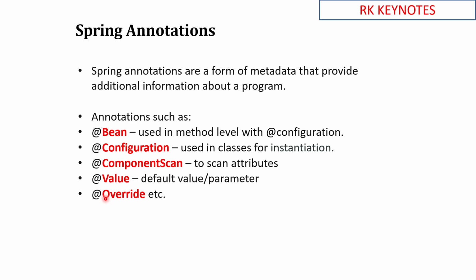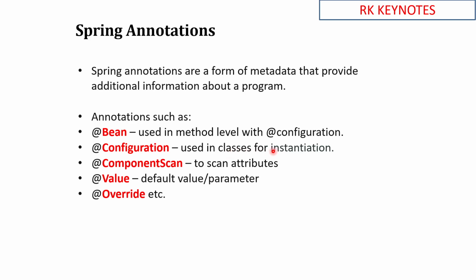Fine. So we have seen Hibernate annotations. We have used 5 annotations over there, which are frequently used annotations. Similarly, these annotations are most frequently used in Spring. So one is Bean, which is used at method level, and then the Configuration annotation is there.